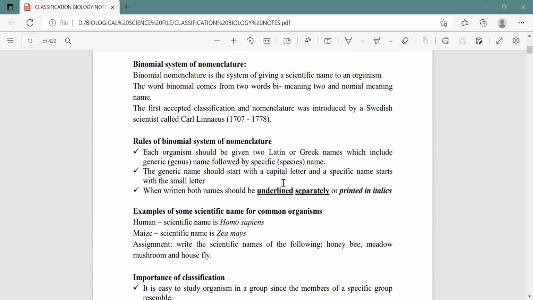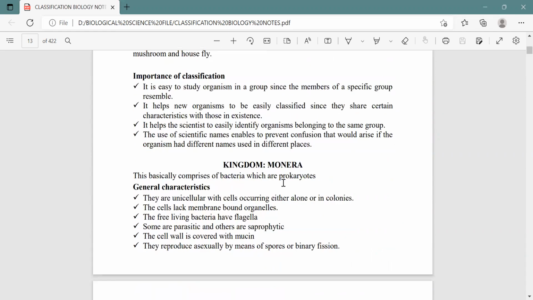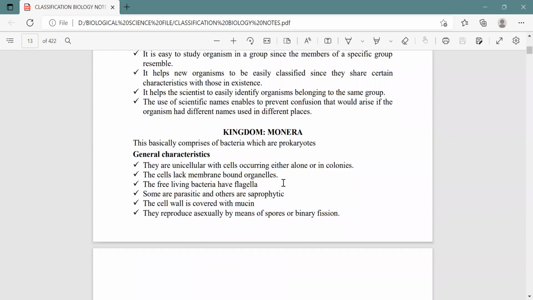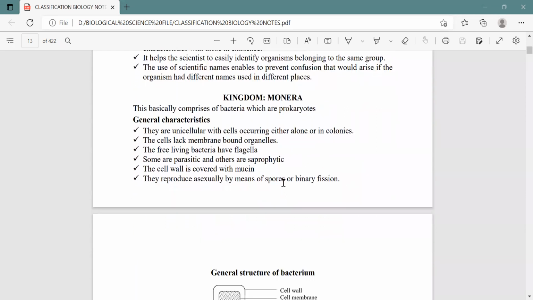And I went on to tell you that for ease of communication among scientists all over the world, scientific names are used instead of using the local names or the common names. Then we looked at the importance of classification and ended with Kingdom Monera.